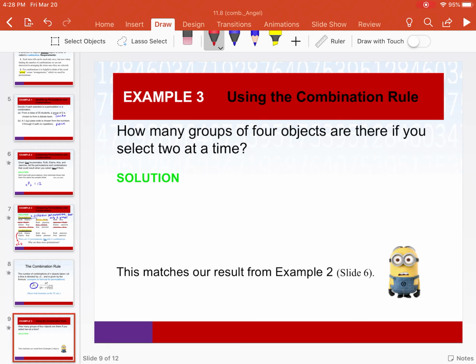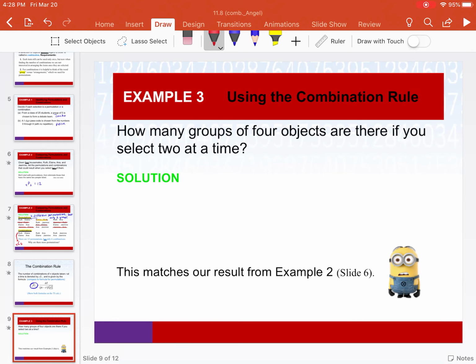And here we go. How many groups of 4 objects are there if you select 2 at a time? So you're going to create groups of 2 from 4. Maybe you've got 4 chairs and you're wondering about different ways to make pairs of 2 in your family room. Does this sound like a permutation or a combination? Well, I hope you said combination because you're not arranging the chairs.